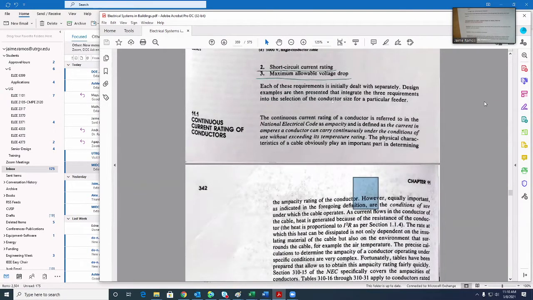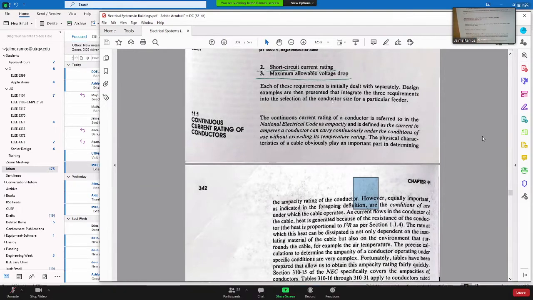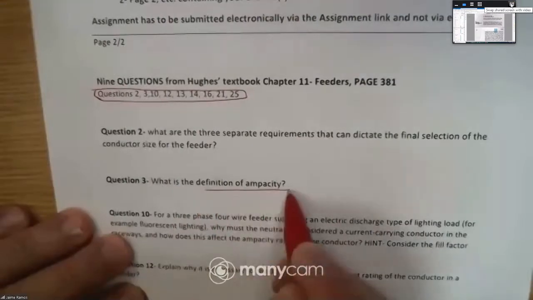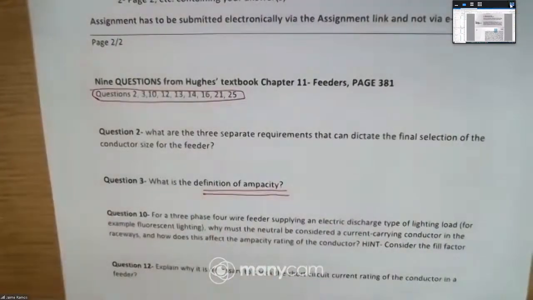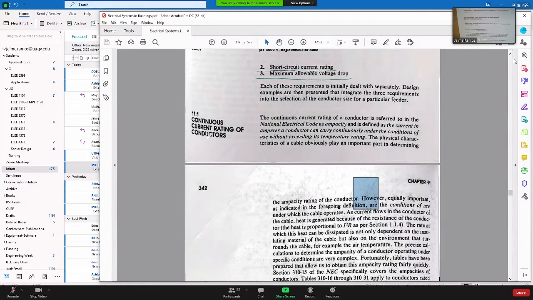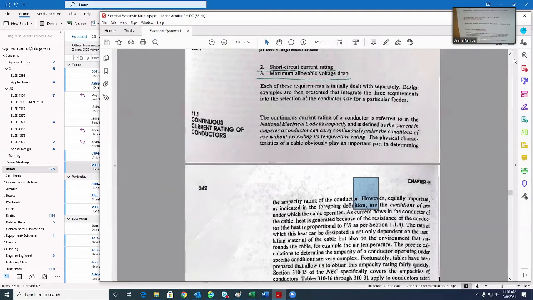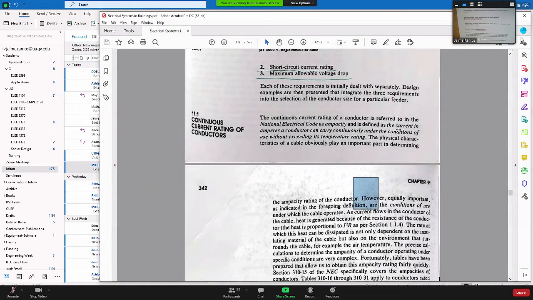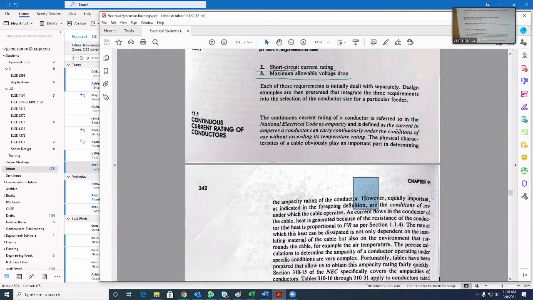Then here is question 3. What's the definition of ampacity? Continuous current rating of conductors. The current in amperes a conductor can carry continuously under the condition of use without exceeding the temperature rating of the conductor.